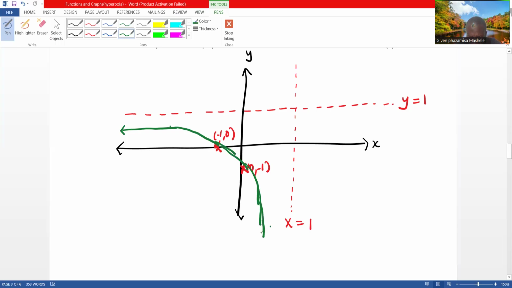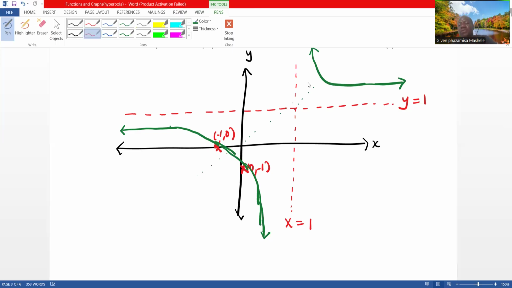So this is the graph of f. But due to the line of symmetry, we need to have another part on this side because of the shape. The other part should also be parallel to the asymptote. So this is the graph of the hyperbola.